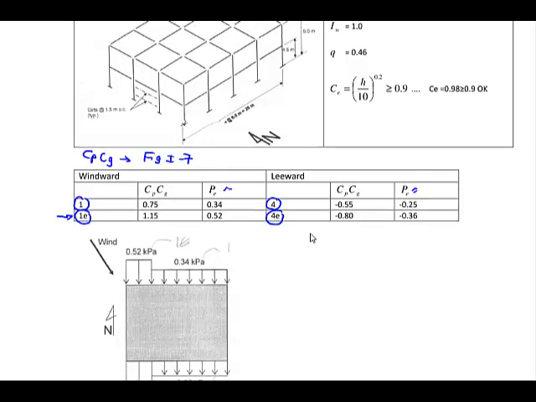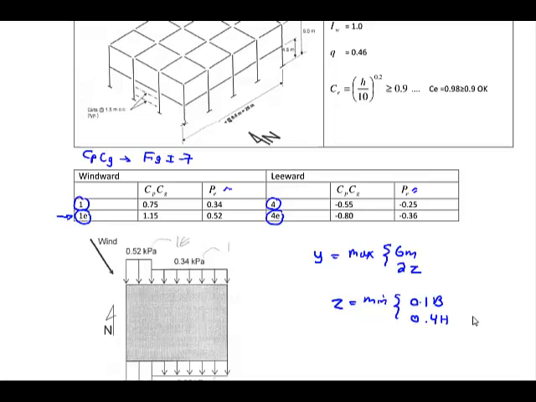Y is equal to the maximum of 6 meter, or this other value 2Z, where Z is equal to the minimum of 10% of B, which is your minimum plan dimension, or 0.4 H, and also Z has to be bigger or equal to 4% of B, or 1 meter.